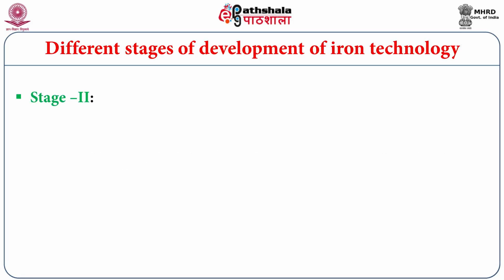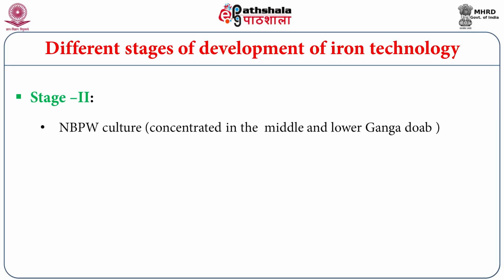In stage 2, we see a lot more developments and changes. Northern Black Polished Ware dominated this particular culture, and in this period people were producing this kind of deluxe ware. And this happened mainly in the middle and lower Ganga doab in northern India.